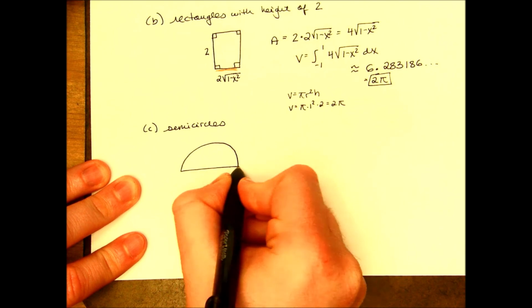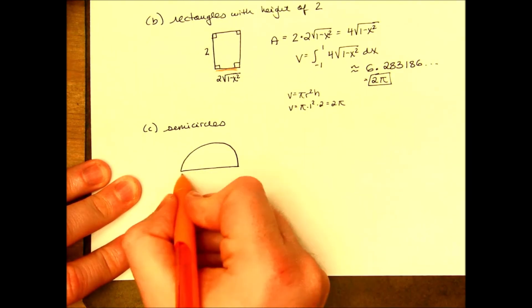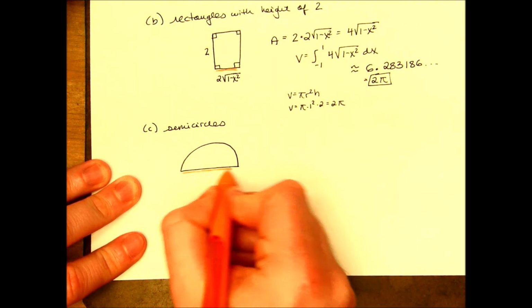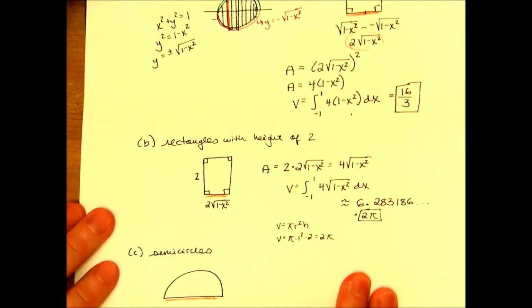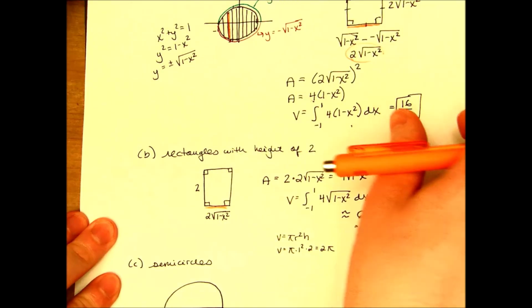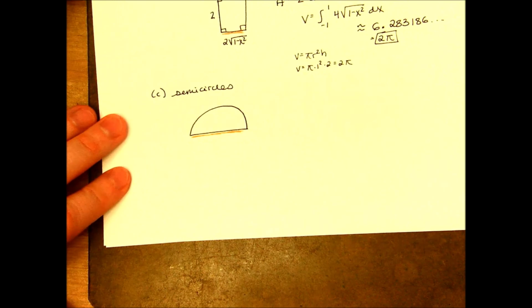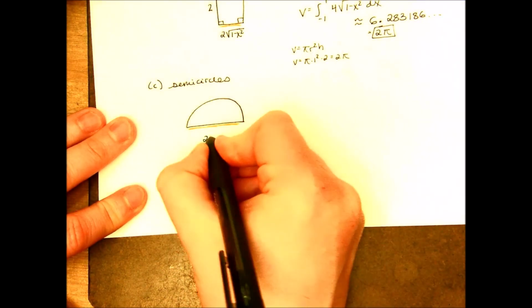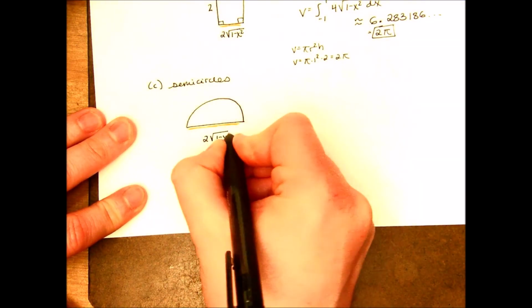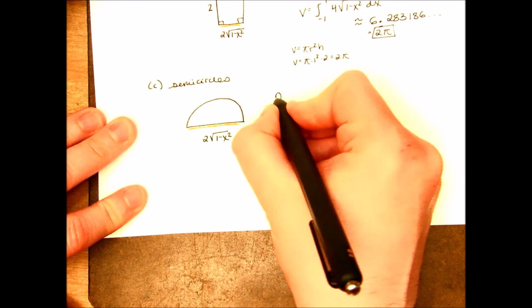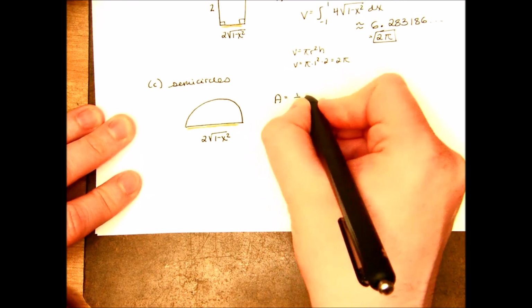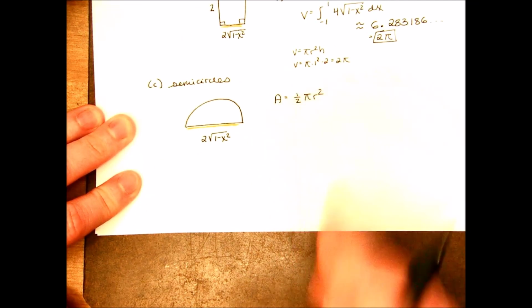So here's a semicircle. Base of the semicircle is, again, one of those strips that we were seeing over there. And I already know that the entire base has got to be 2 root 1 minus x squared. Area of a semicircle, 1/2 pi r squared.